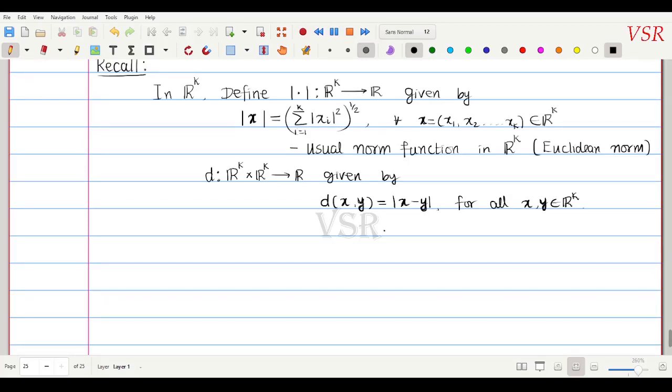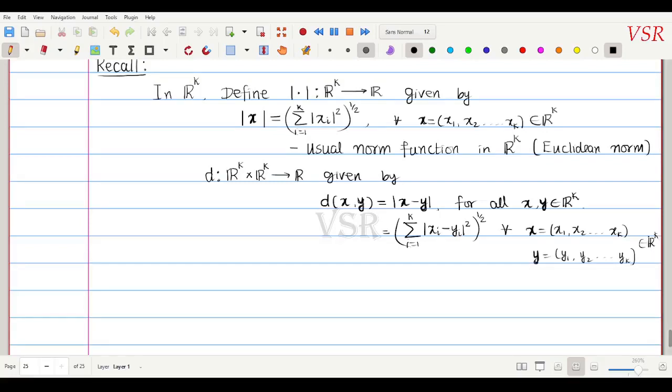இது யாரு அப்படின்னா, x vector equal to x1, x2, ..., xk, அதே நேரத்துல y vector அப்படிங்கிறது that is equal to y1, y2, ..., yk. அப்ப இது ரெண்டு கழிச்சோம்னா x1 minus y1, x2 minus y2, ..., xk minus yk. அப்ப அதனுடைய norm, so that is equal to the summation i equal to 1 to k modulus of xi minus yi the whole square, the whole to the power 1 by 2, for every x comma y belongs to R power k.